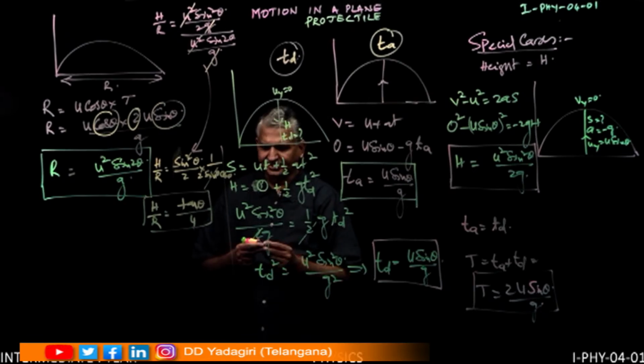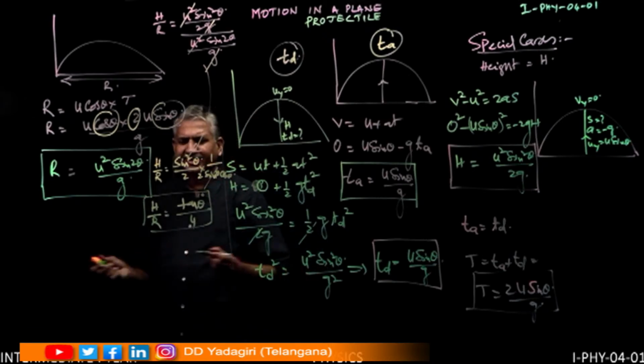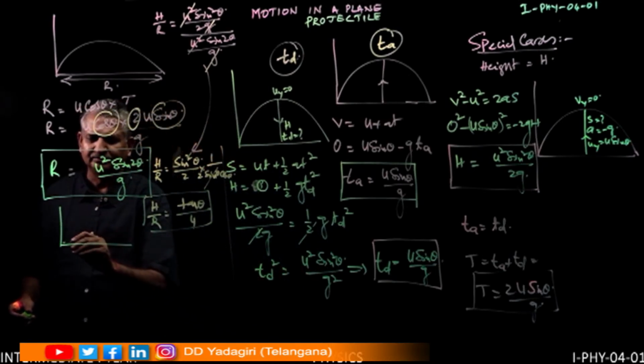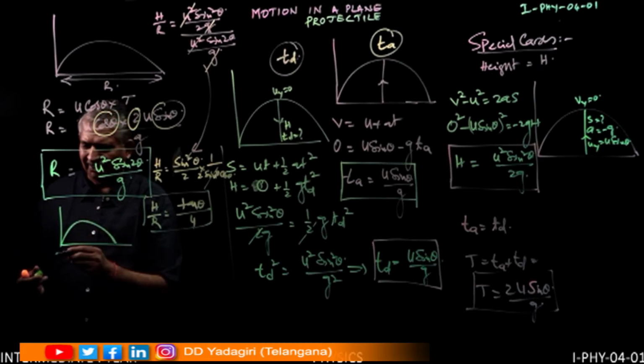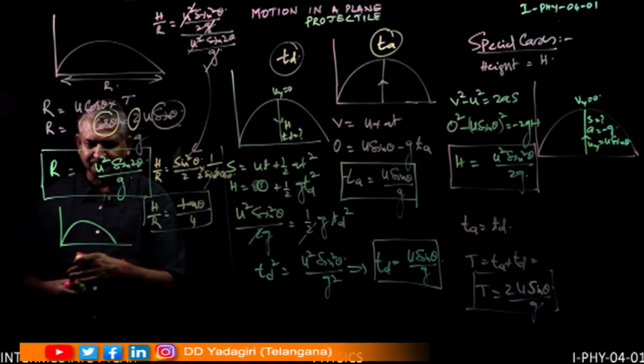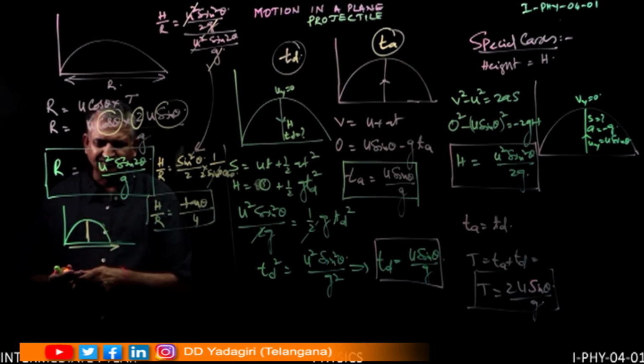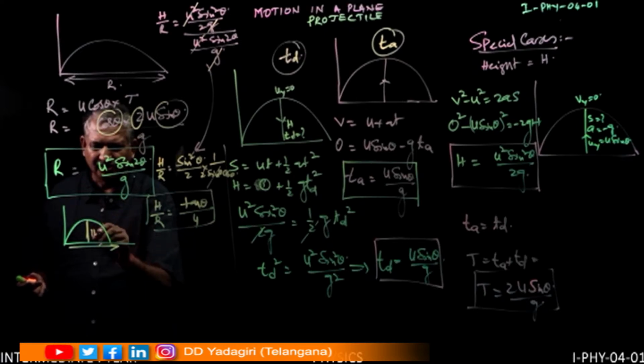Sometimes you may ask like this also. If the height and range of a projectile are same, so here we have a projectile. The height and the range are same, that is this one and this one are same. So what's going to happen? This h and R are same.